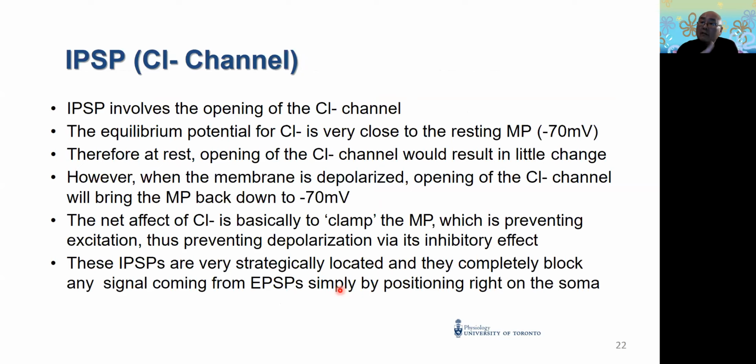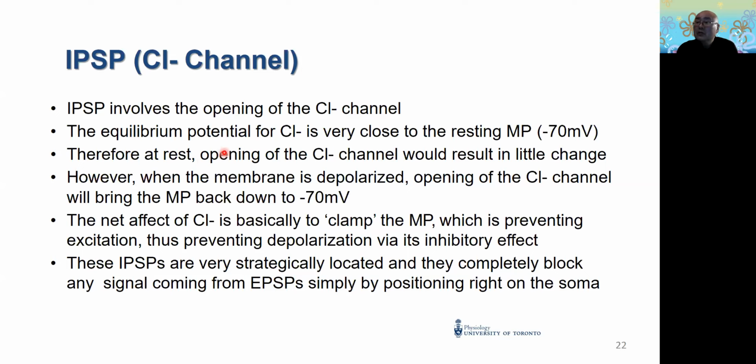If we go back to the very beginning of the lecture, roughly 25 minutes ago, we talked about different types of channels opening. Oftentimes for IPSPs, we involve a chloride channel. So IPSPs often involve the opening of a chloride channel. Chloride is usually higher outside the cell than inside the cell, and it is a negative charge.